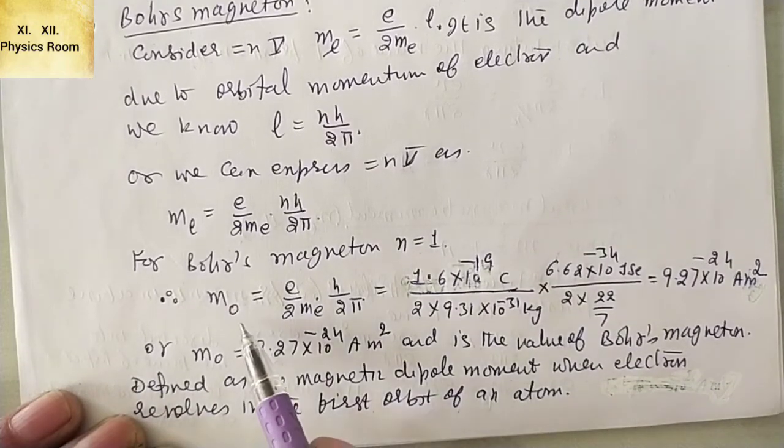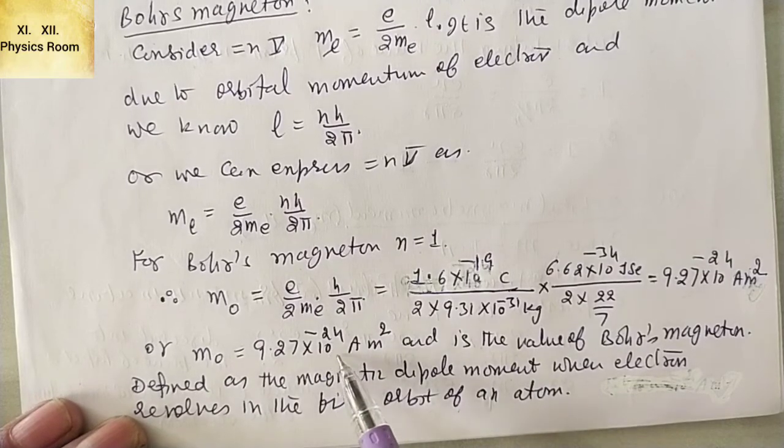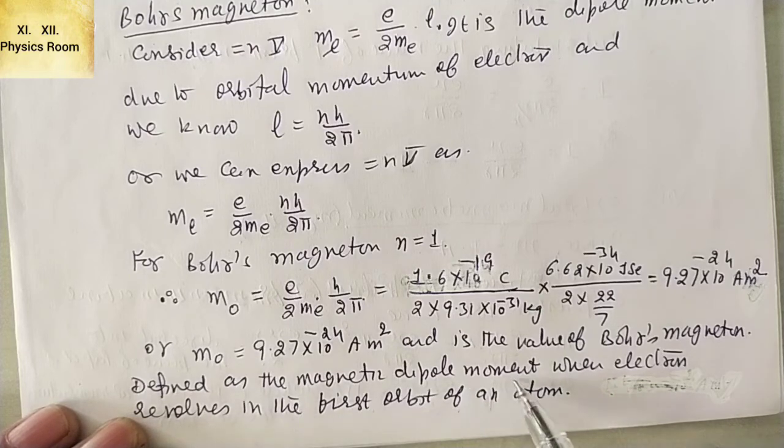So mu O is equal to 9.27 into 10 raised to power minus 24 ampere meter square, the value of Bohr's magneton, which is defined as the magnetic dipole moment when the electron revolves in the first orbit of the hydrogen atom.